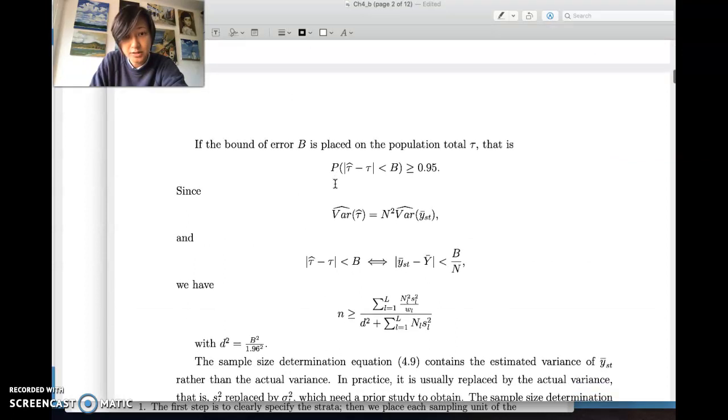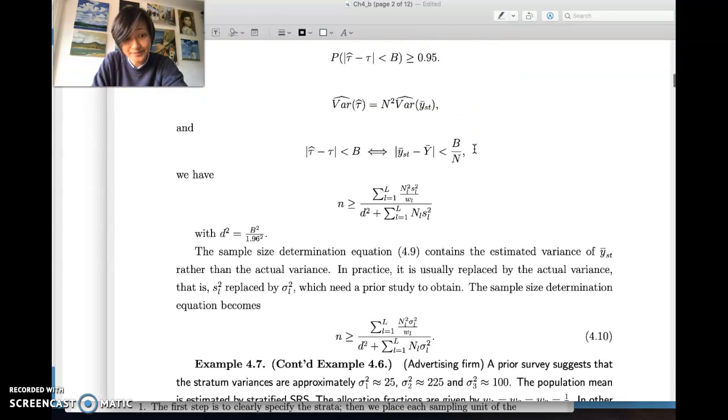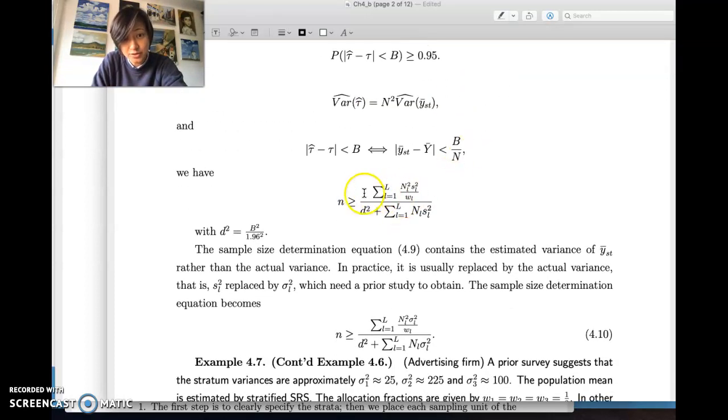For the mean and the total there is a difference of a factor of N, so be careful. There's no more capital N on top.